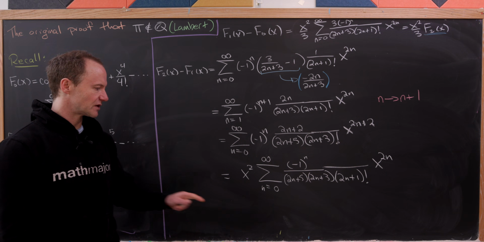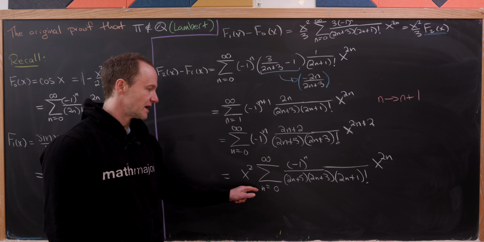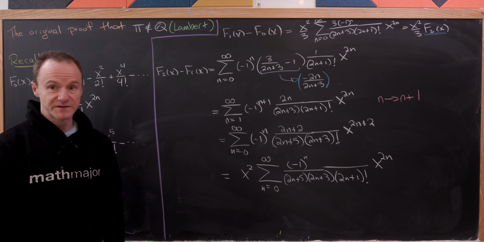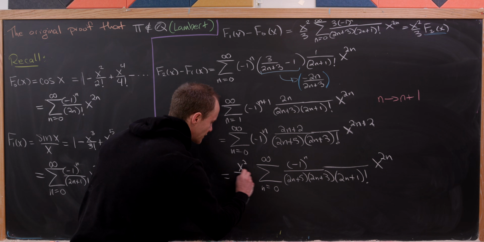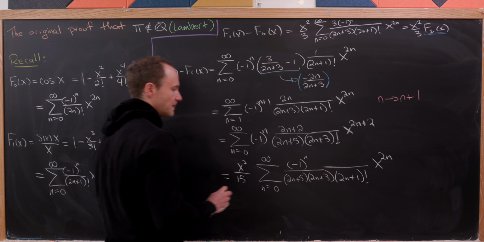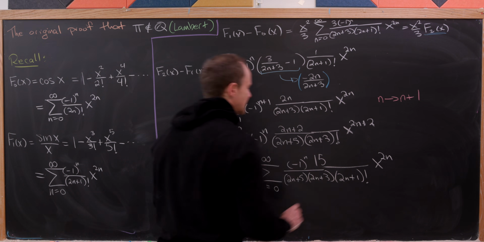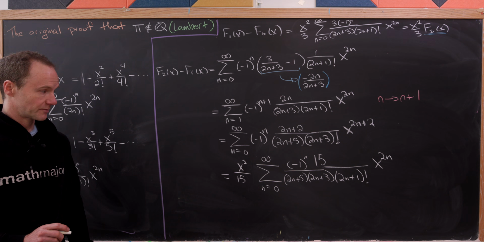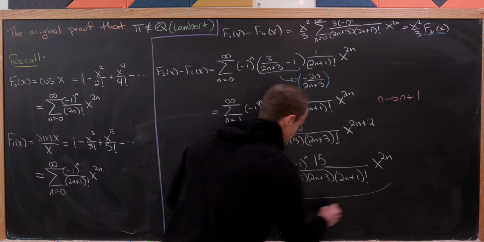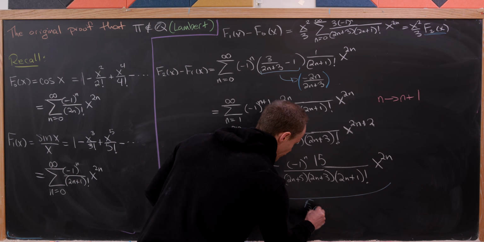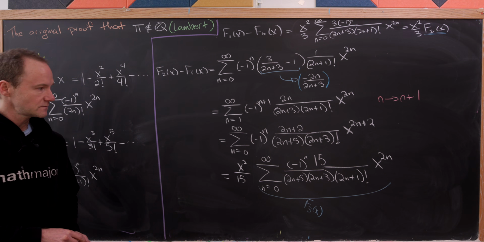But now I'd like to observe that the first term here is 1 over 15. So I'd like to factor that out. So that'll give me x squared over 15 here. And then I can put a 15 here in the numerator. And then this gives me my function that I'll call f sub 3 of x.